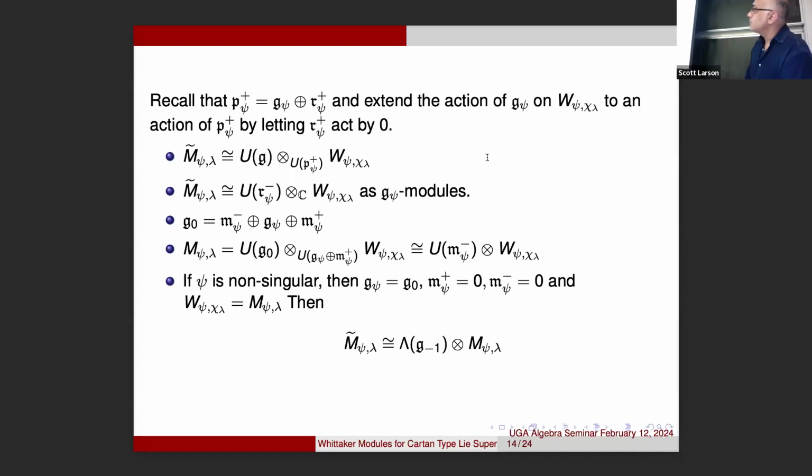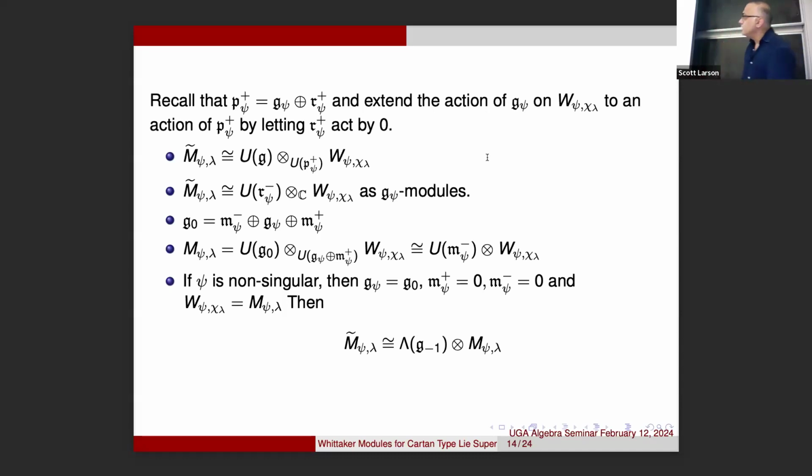Then a G psi module is isomorphic to the negative part times W psi, and you can do the same thing for G0. Remember, G psi is a reductive subalgebra of G0. You can give a Levi decomposition for G, and you can make the connection between G0 and G. Then you do the modules. This is basically what's going on. I'm using M notation for the induced modules from G psi to G0, the Lie algebra part, and tilde notation for the Lie superalgebra, the highest level.